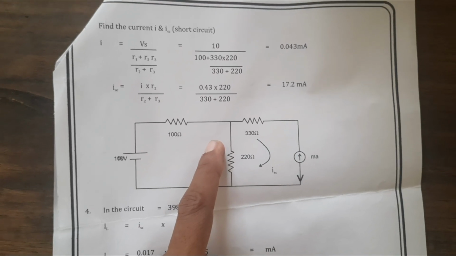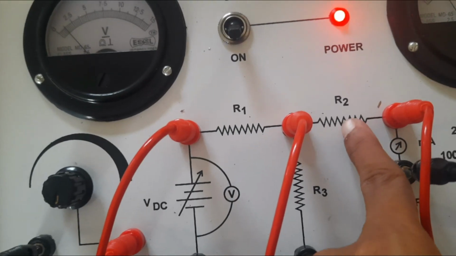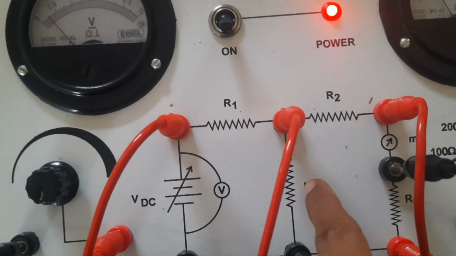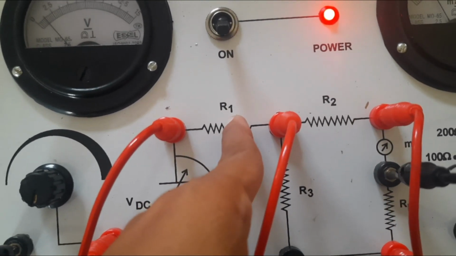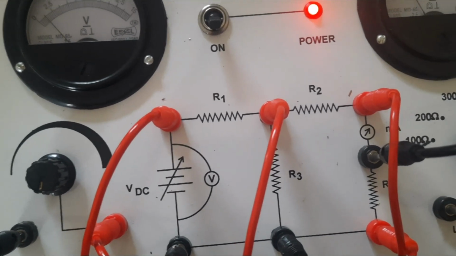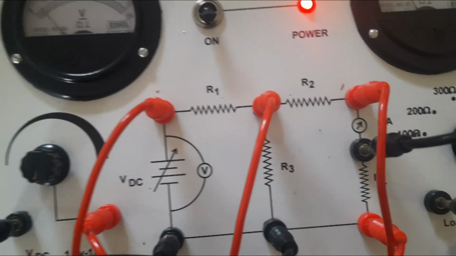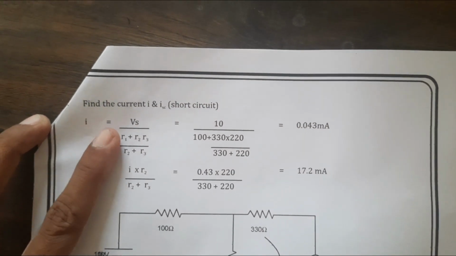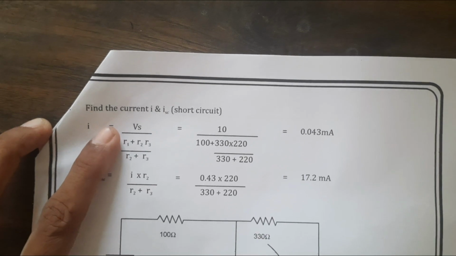If we consider R2 and R3, they are in parallel connection, and R2 and R3 are in series with R1. So the equation becomes voltage by current, to find the current here.